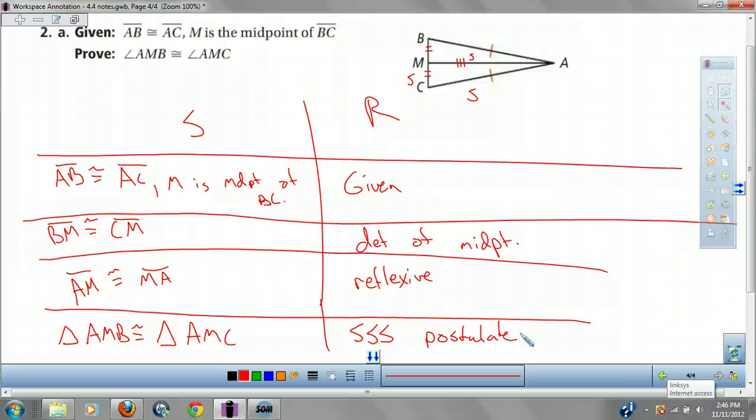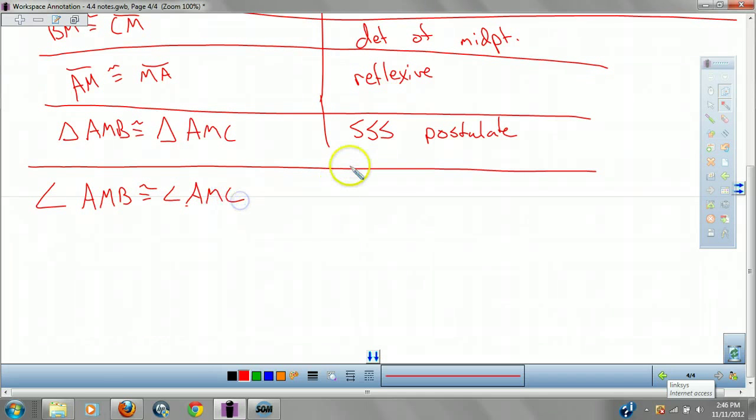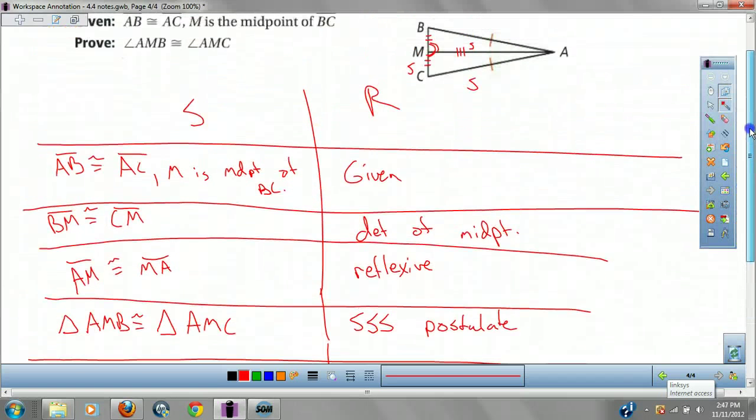That means every angle has to be congruent, so these guys have to be congruent. In fact, they'd also equal 90. We'll say that for a different day. So I can say angle AMB is congruent to angle AMC by CPCTC, corresponding parts of congruent triangles are congruent. And then I'm done. That's it, guys.